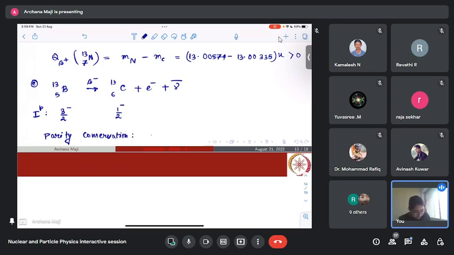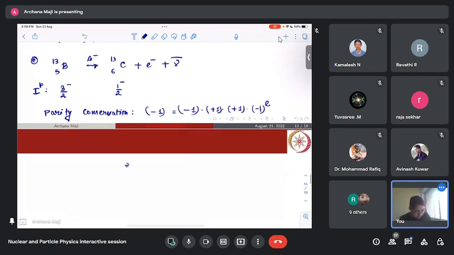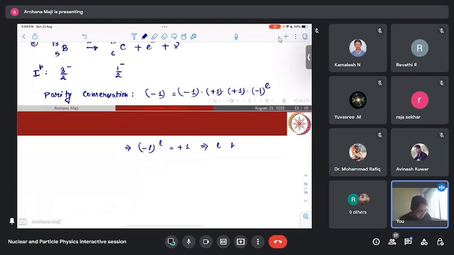For boron it is minus 1, for carbon it is again minus 1, for electron it is plus 1, for antineutrino it is plus 1, and then minus 1 to the power L comes. So minus 1 to the power L is equal to plus 1. That means L has to be even.